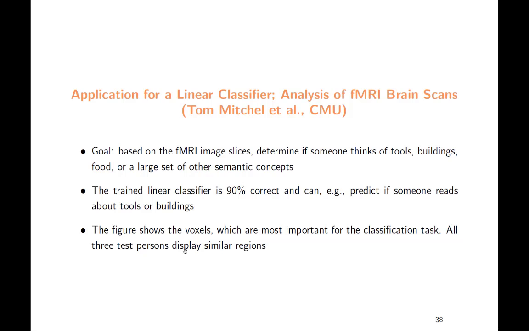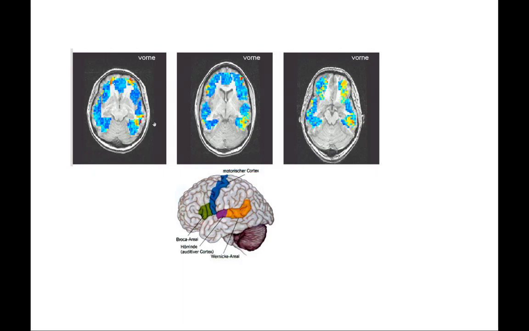Yeah, I particularly like this application, which shows you the power of a linear classifier. So this is a brain, and these are patterns which people find in the activation patterns by fMRI technology, and these are, in these cases, the subject is listening to or thinking about different terms.